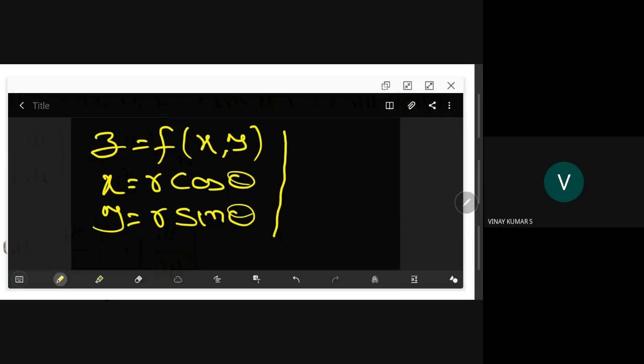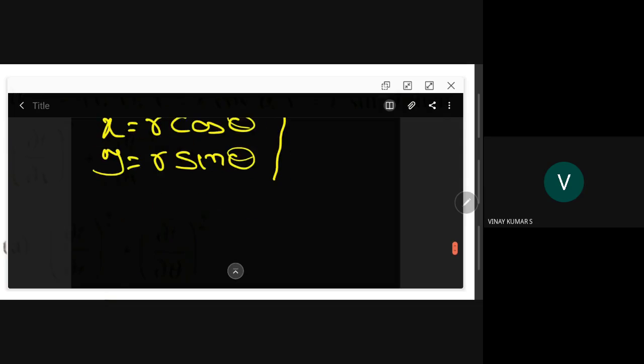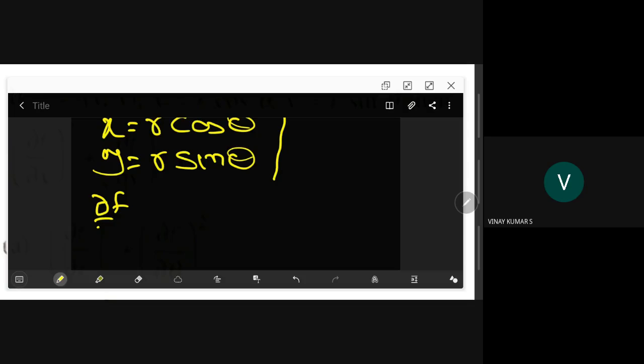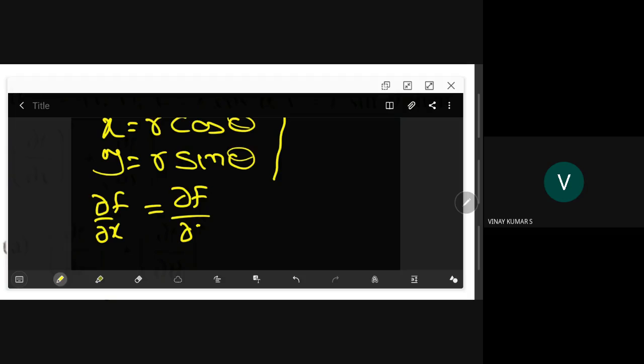So we need to calculate ∂f/∂x here. ∂f/∂x is nothing but, because we are looking for the answer in terms of r and θ, ∂f/∂r into ∂r/∂x plus ∂f/∂θ into ∂θ/∂x.